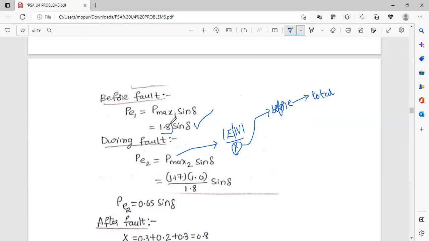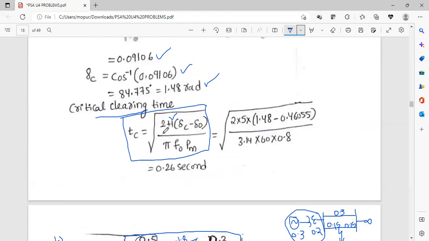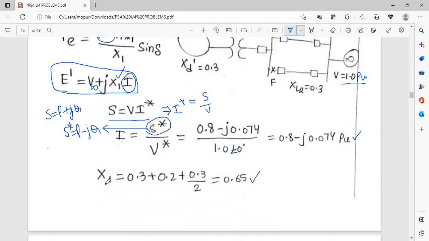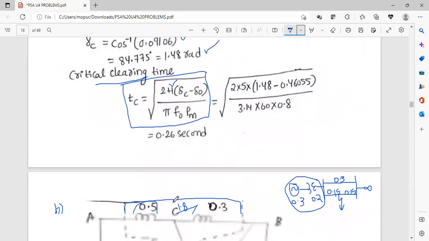This 1.8 is obtained by dividing with that 0.65 only. Let me show you once again. See here, this is the total X value. This is total. Now, when we have a fault in the middle of the transmission line, we should go for 3 cases, during and after also.